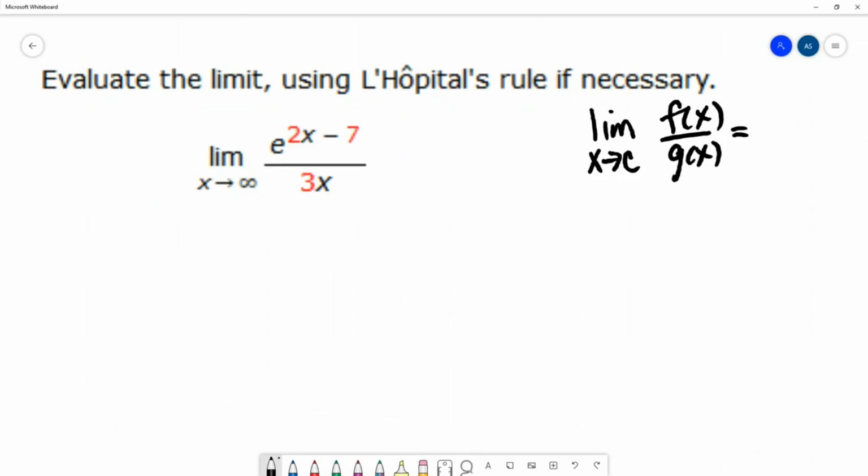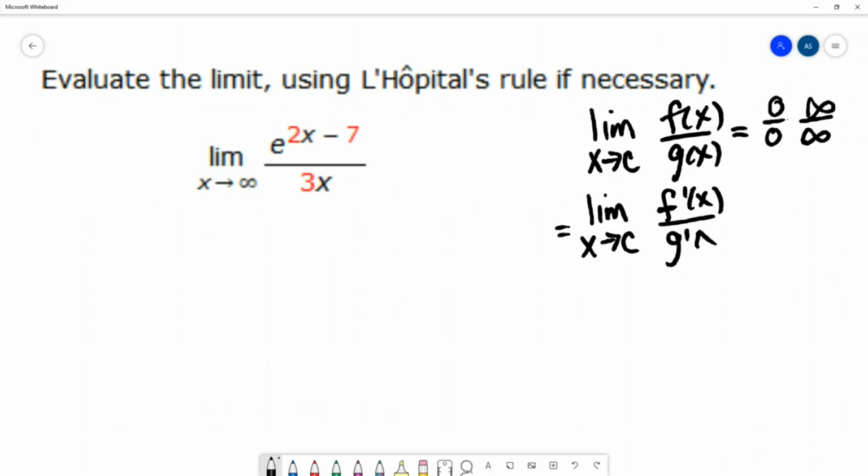Now, that indeterminate form could be 0 over 0, or infinity over infinity, maybe negative infinity over infinity, so some indeterminate form. Then we can rewrite this limit as the limit as x approaches c of f prime of x over g prime of x, and try calculating the limit again.